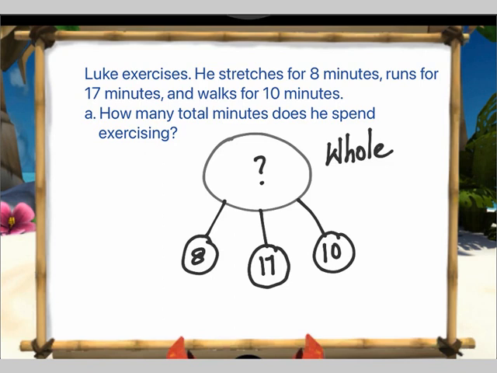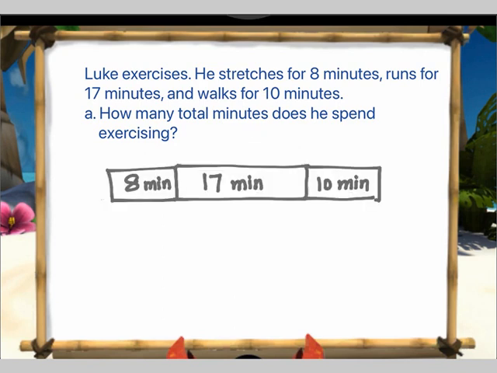To find the whole, let us draw a tape diagram. Since 8 minutes is less time, I have drawn a smaller block, and I have shown 17 minutes in a bigger block, since 17 is a bigger number than 8. And for 10, I have shown a medium-sized block.